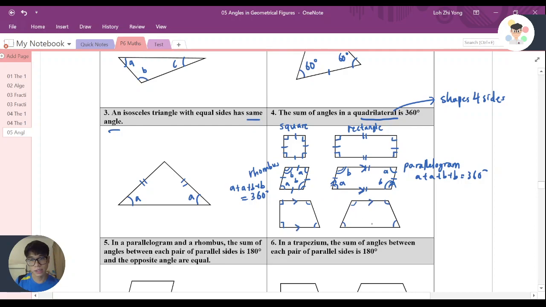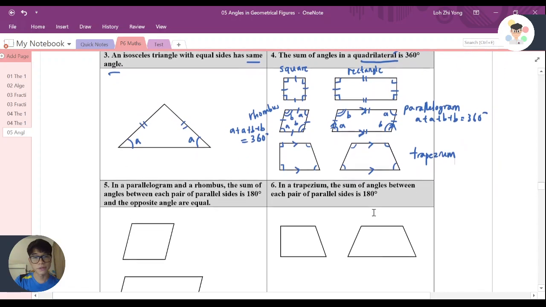Here and here are parallel. And if you see some shapes as like this is what we call as trapezium. Okay, so no matter what is the angles on the side on these four things, we still know that add up all together is 360. Okay, and this is the tips number 4.